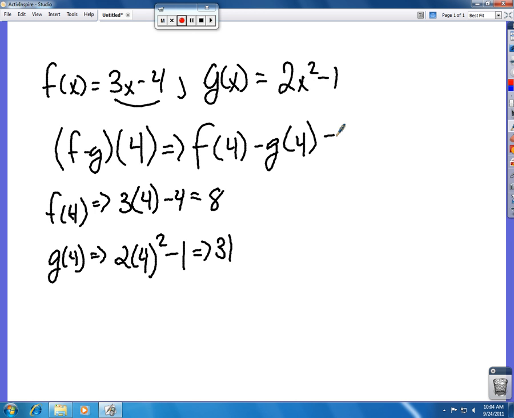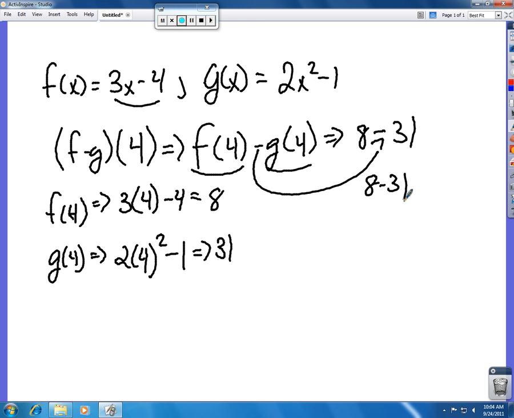Now we're going to take each one of these outcomes and plug them in where they belong. The outcome of f of 4 was 8. Again, this minus sign is just going to move over here. The outcome for g of 4 was 31. So we've got 8 minus 31.